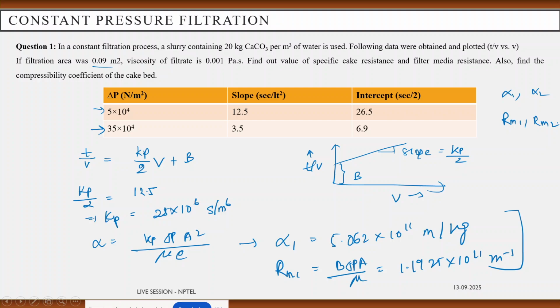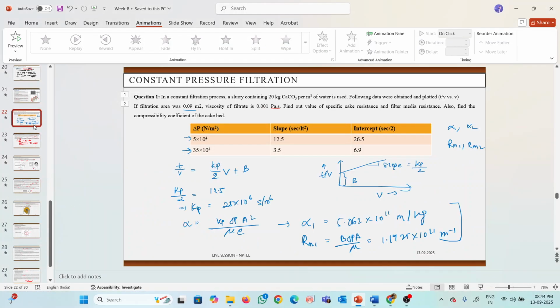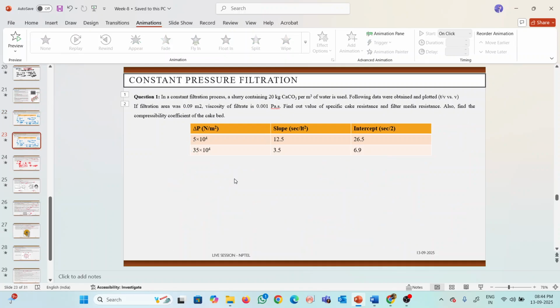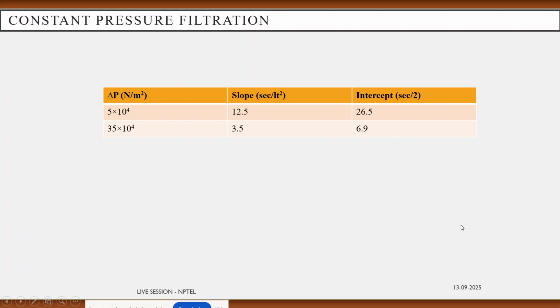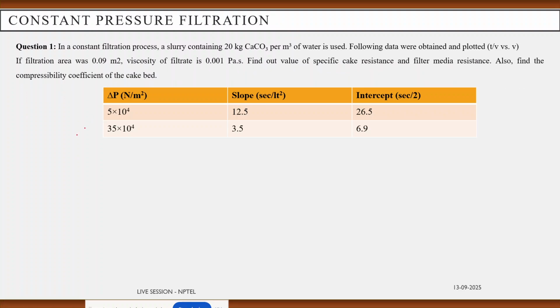So when you know that, your equation for compressibility is alpha equals K into del P to the power s. So you can have alpha 1 by alpha 2 is del P1 by del P2 to the power s.